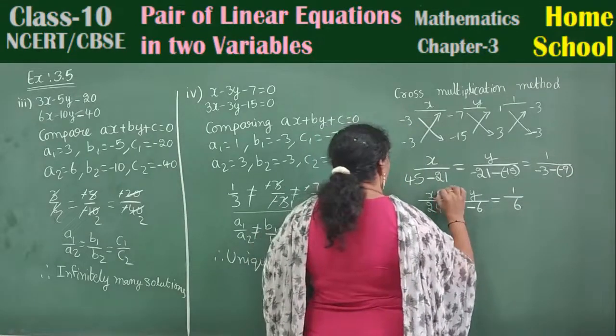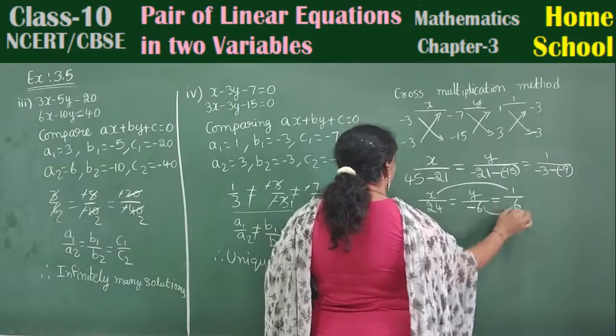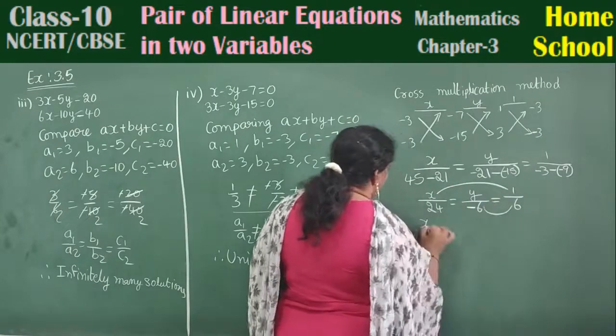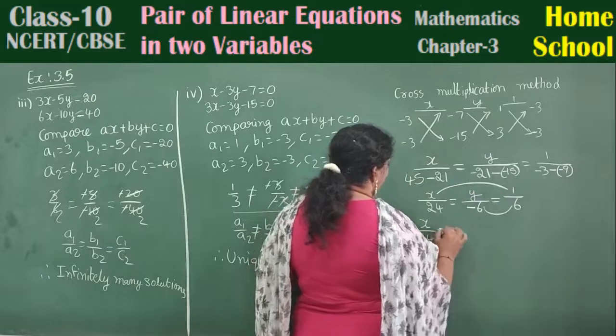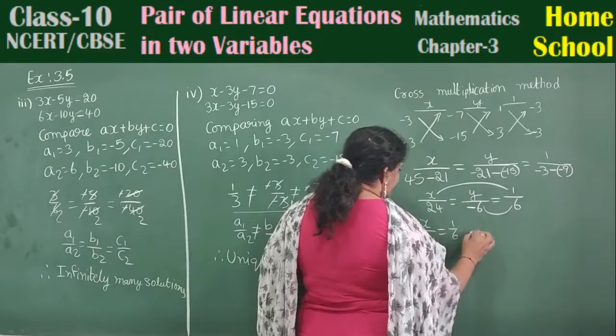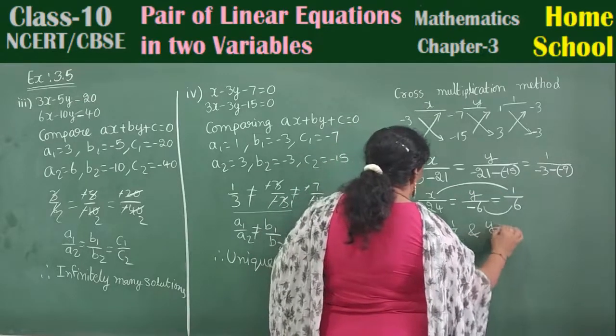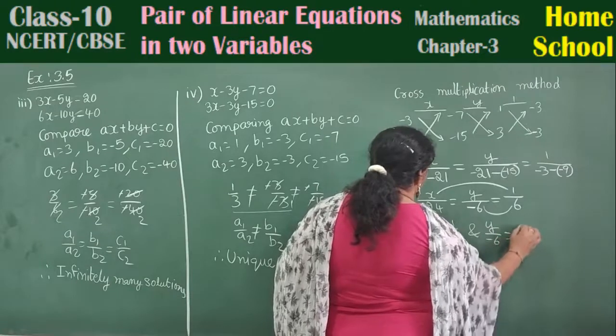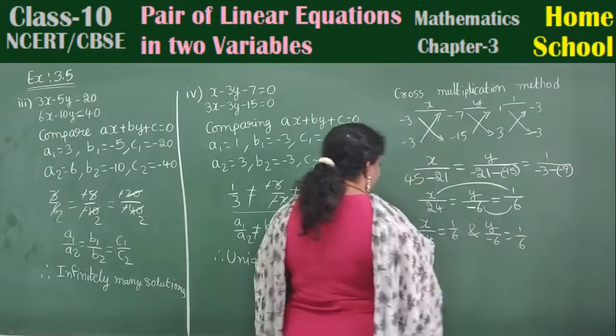Now equate these two and equate these two. x by 24 is equal to 1 by 6 and y by minus 6 is equal to 1 by 6.